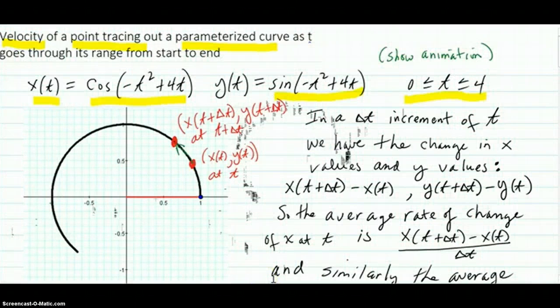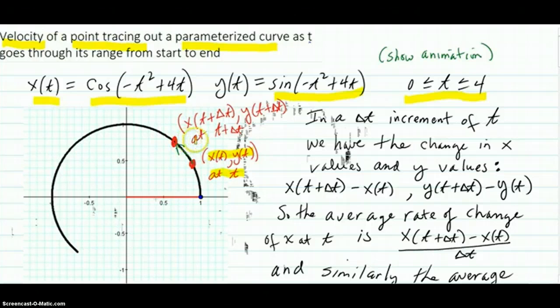So speed sounds like a rate of change, which sounds like a derivative. So you can pretty much guess what's going to happen here. At a point x, y, or x of t, y of t, at a t value of t, here's where you are.